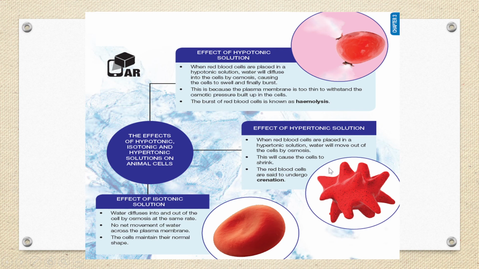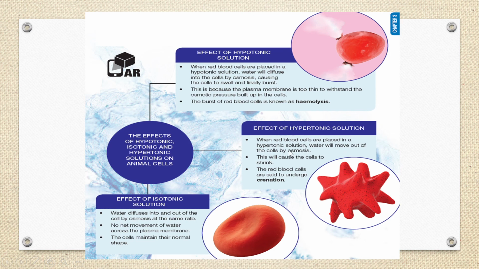Okay, next, imagine now the red blood cells are placed in a hypertonic solution. Outside, inside, the first thing to do is to identify the concentration. If it is in a hypertonic solution, meaning the outside has low water potential as compared to the intracellular fluid, there will be net movement of water, where water will diffuse, use the word diffuse instead of move, out of the cell by osmosis.